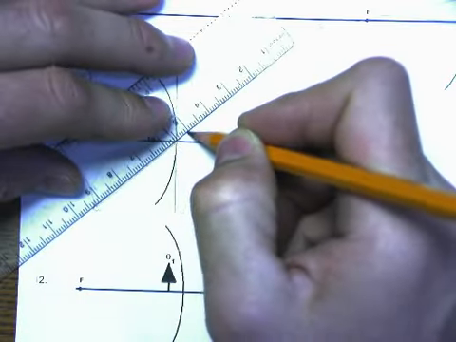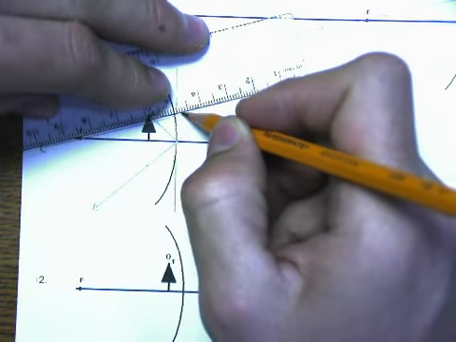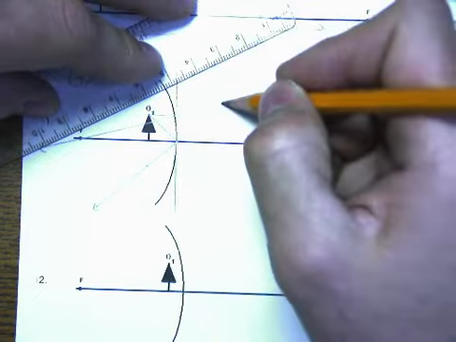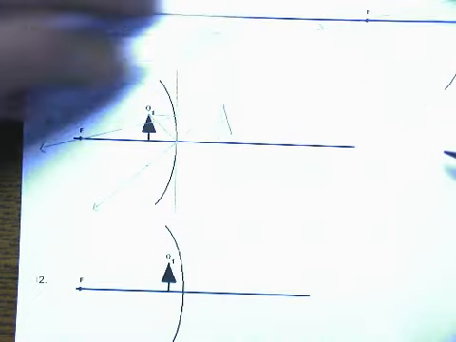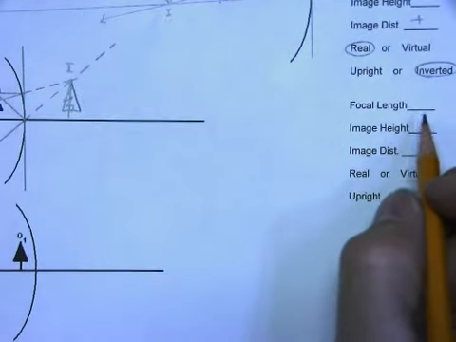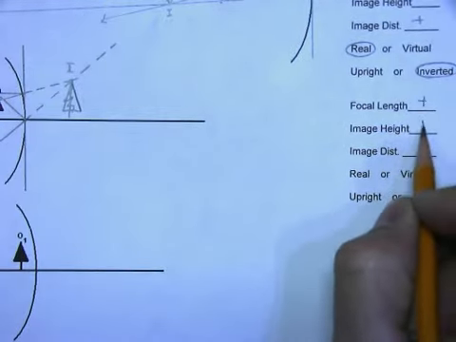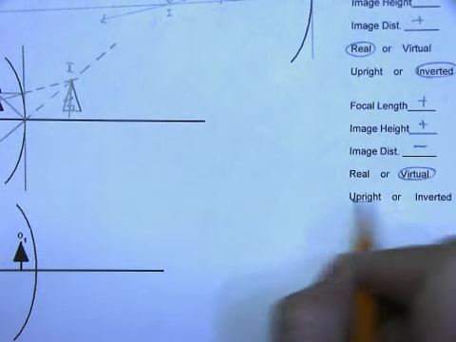So this I'm going to have to trace backwards. My image is right there. So the focal length here, positive. Image height, positive because it's upright. Image distance, negative because it's virtual.